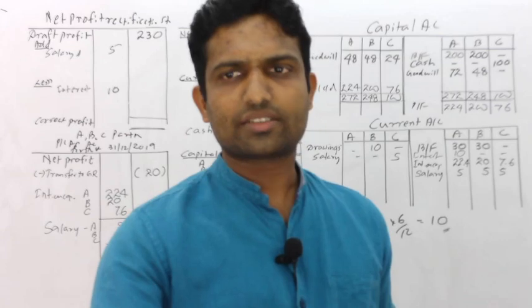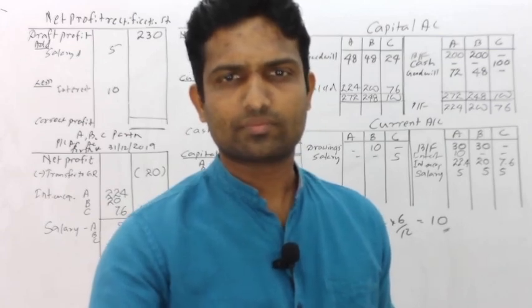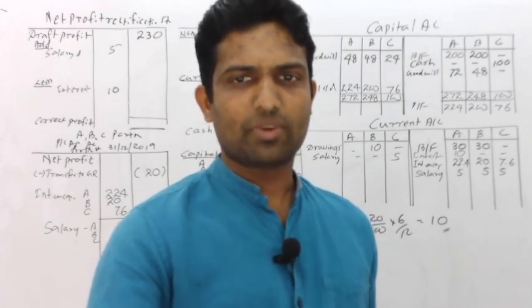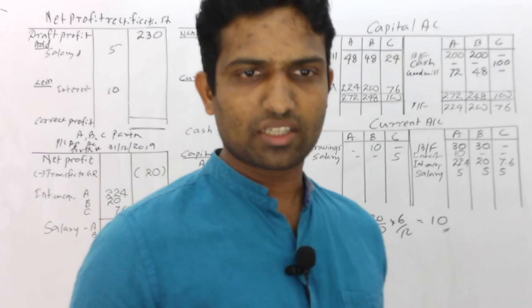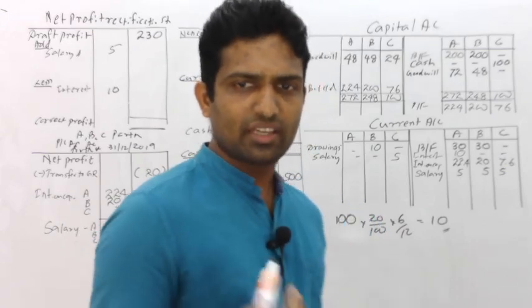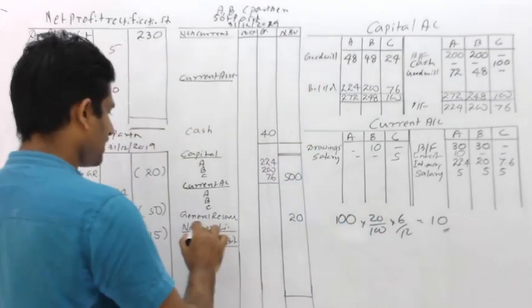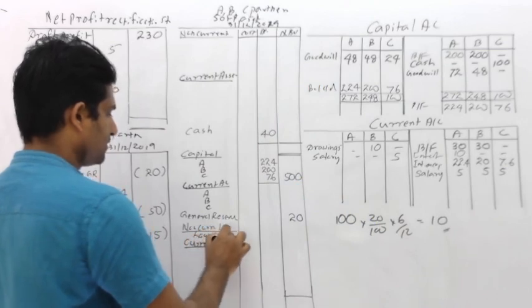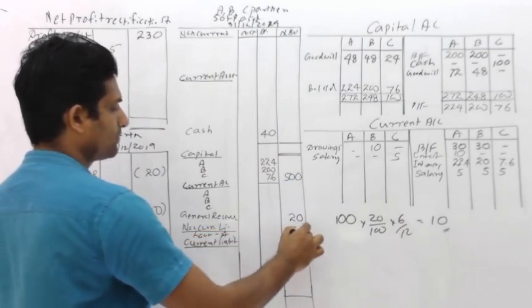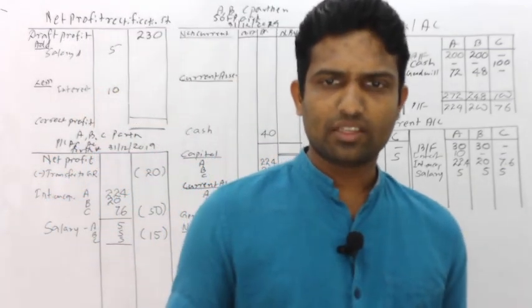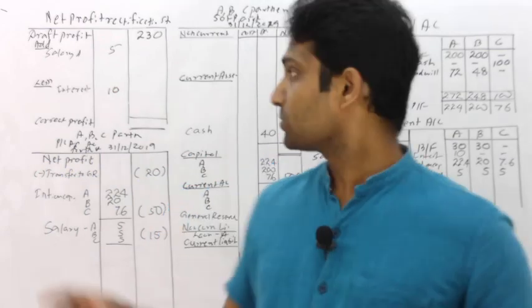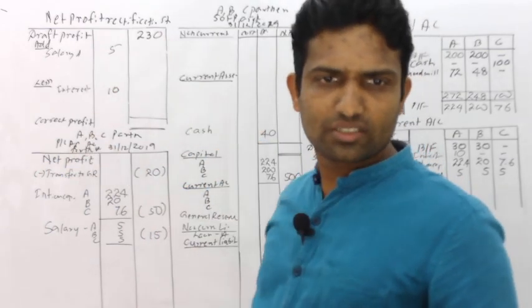Take the other details. Capital balances will come shortly, cash put by C, current account balances will come shortly. Loan given by A, 100,000, take it here under current liabilities. Loan of A 100, and we calculated interest also. Then net profit also recorded here.